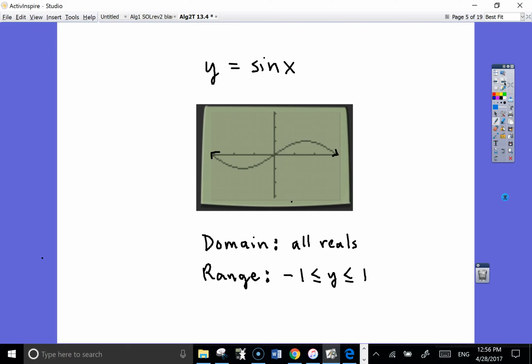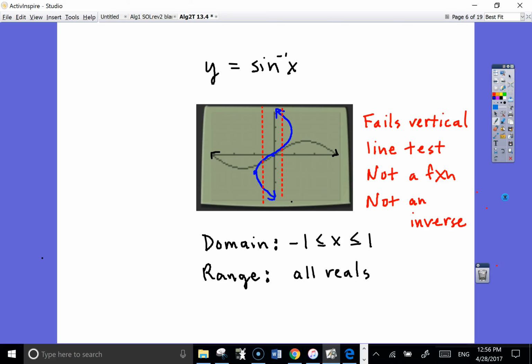The domain of this is all real numbers. The range is -1 to 1. That's what would have happened if I flipped that function, like you do when you take an inverse, flipped across the line y equals x. Instead of the wave going this way, the wave is going this way. And that clearly fails the vertical line test.